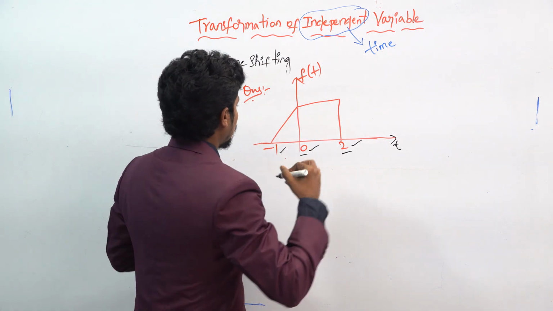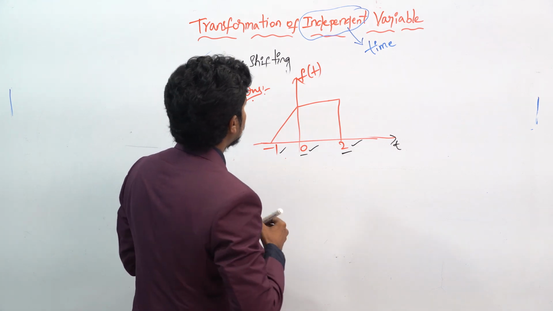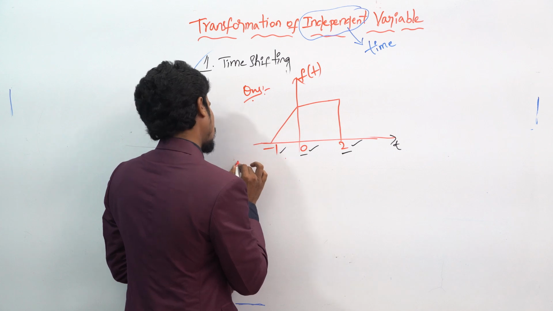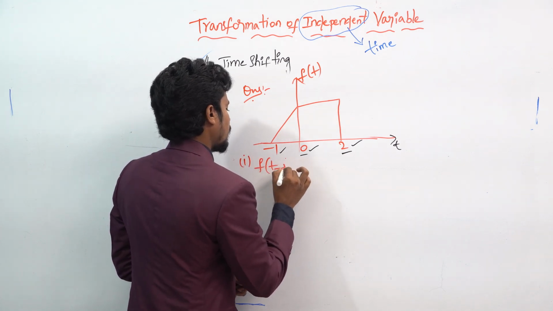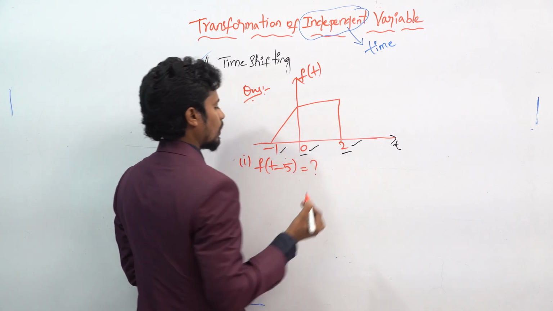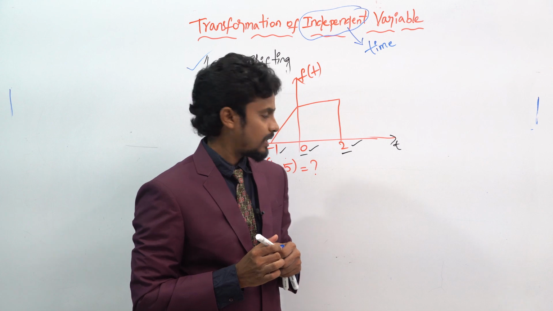So the next question: find f of t minus 5. Will it shift to the right-hand or left-hand side?